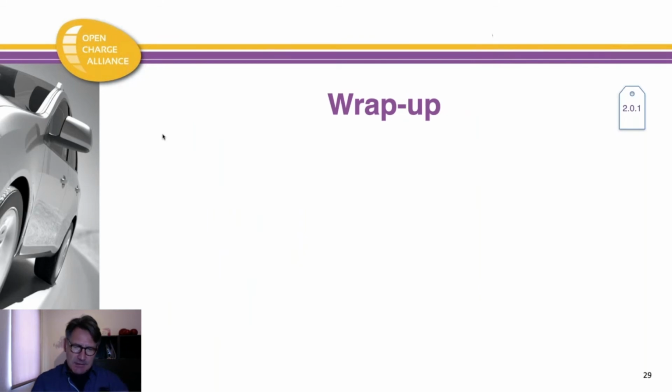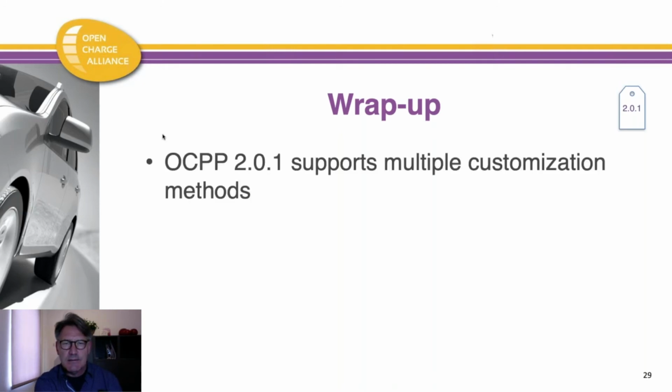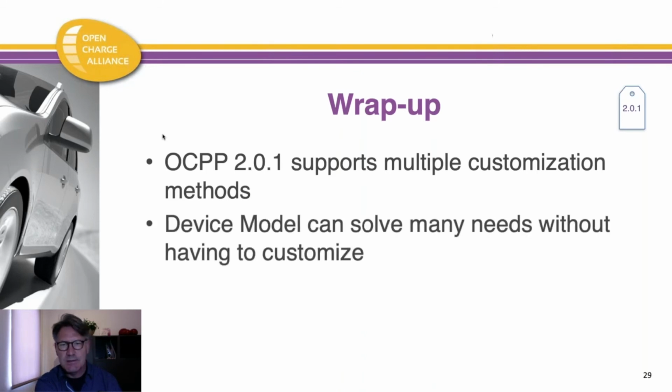Okay, so to wrap this up, I see I've gone a little bit faster than I had expected to, but I hope we were still able to follow the storyline. We see in 2.0.1 that we support multiple customization methods. And the device model can solve many of them without really having to resort to custom messages.